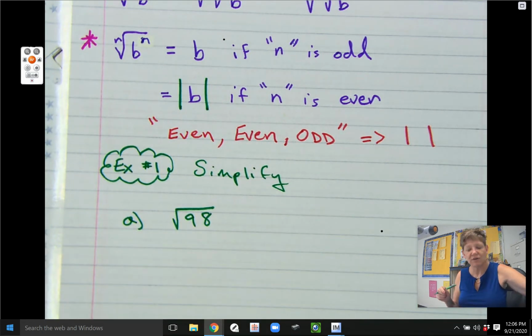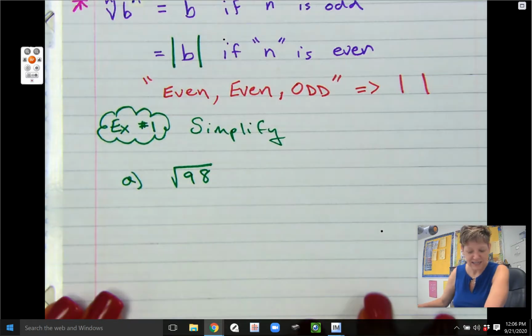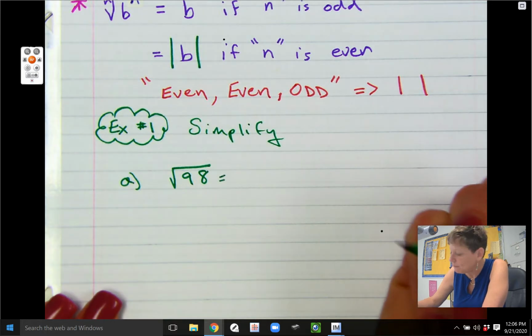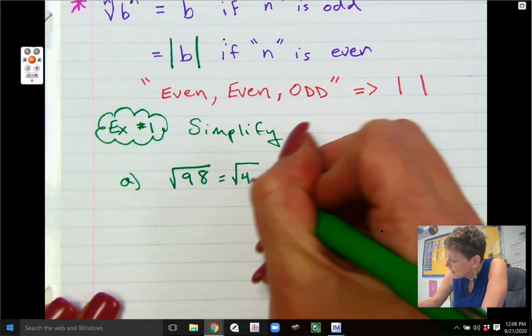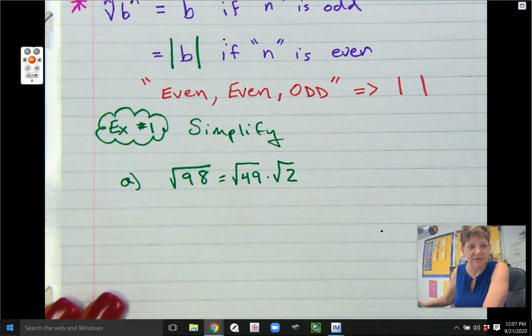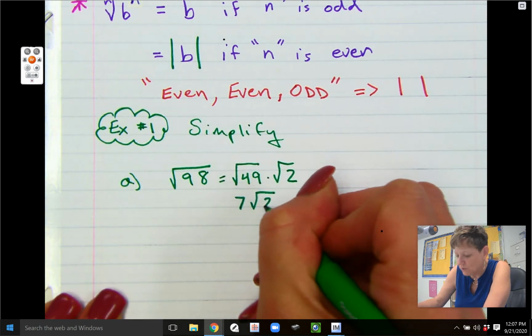So what is a perfect square inside of 98? Perfect square inside of 98 is 49. So we are going to break this up into the square root of 49 times the square root of 2, just like our property up above said we're allowed to do. And the square root of 49 is 7, so my answer is 7 root 2.